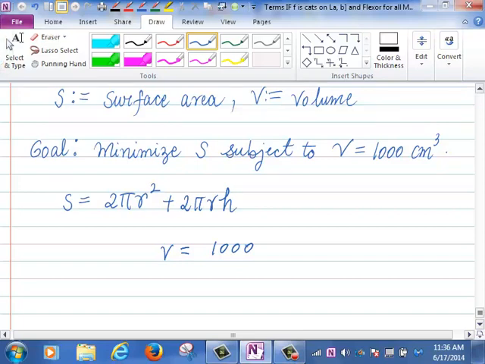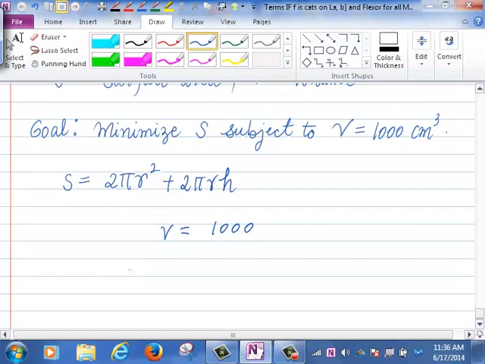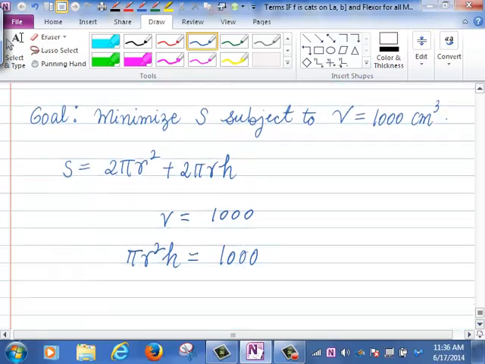The volume of a cylinder is the area of the bottom multiplied by the height. So the area of the bottom is pi r squared, and you multiply that by the height. And we need the volume to be 1,000 centimeter cubed.